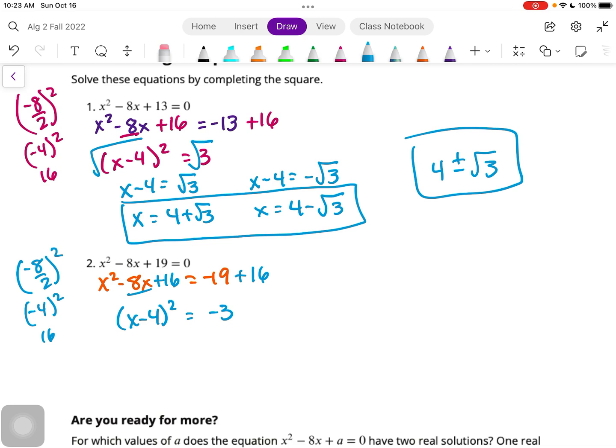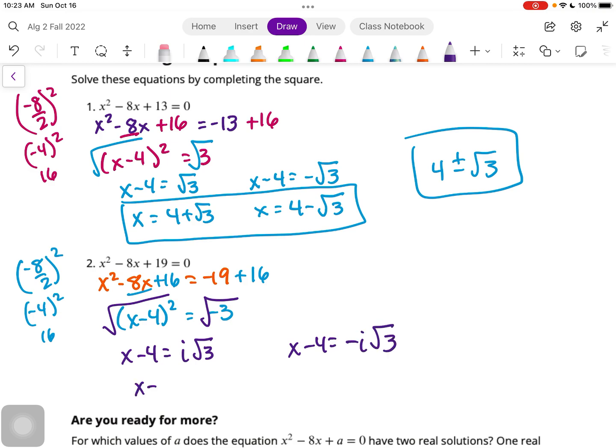All right, so then we're going to take the square root of both sides. And so we have x minus 4 equals positive i times the square root of 3, because remember, the square root of negative 1 is i. And then we have x minus 4 equals negative i square root of 3.